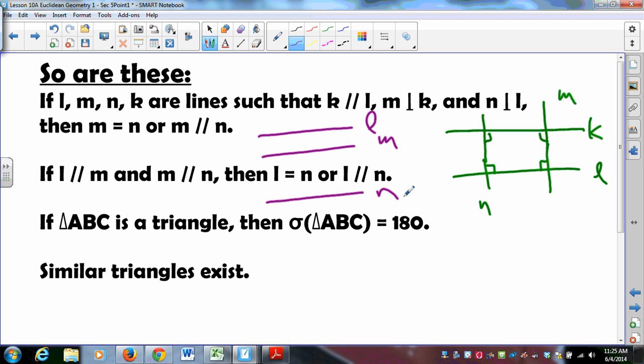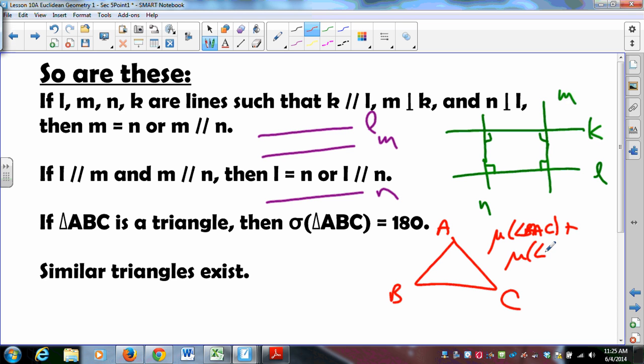As we talked about last time, if I have a triangle and the sum of the measures of the angles of that triangle is 180 degrees, if the measure of angle BAC plus the measure of angle ABC plus the measure of angle ACB is 180 degrees, then I'm in the Euclidean plane.